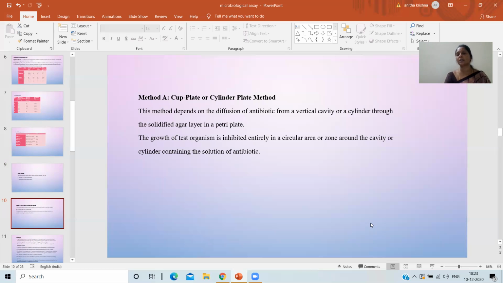The growth of the test organism is inhibited in a circular zone of inhibition. Surrounding the cavity where you put your antibiotic, if the antibiotic is effective, we see to what distance the organisms cannot grow because of the antibiotic. This zone of inhibition is measured and you plot a graph. That is the basic principle of the cup plate method.